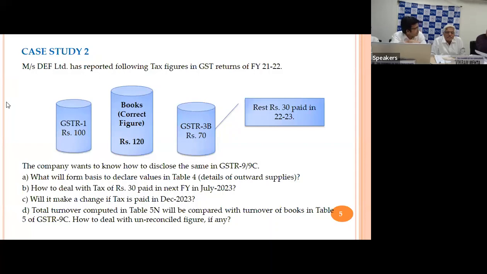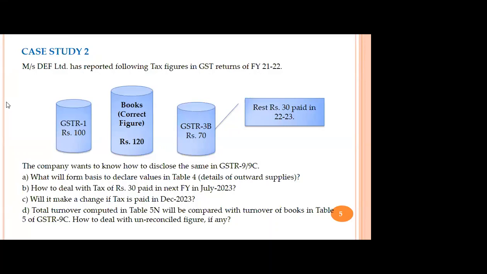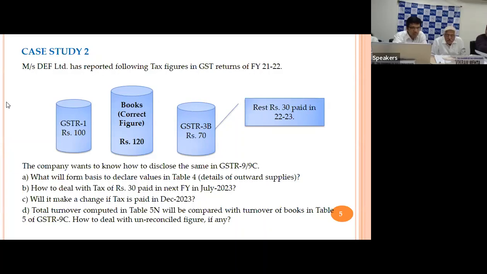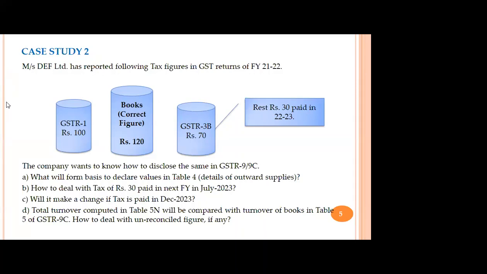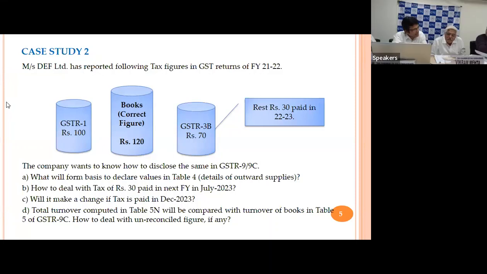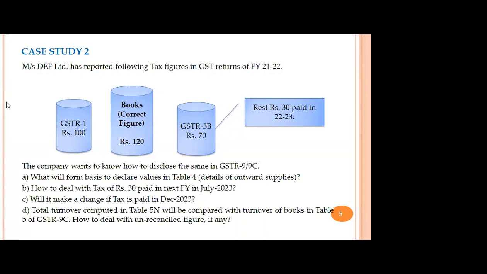No, in table 9 there will be a difference of 30 rupees. Exactly. That is where the problem is. In GSTR-9 there will be 30 rupees difference, but actually you paid 40 rupees. How to disclose this difference in table 9?